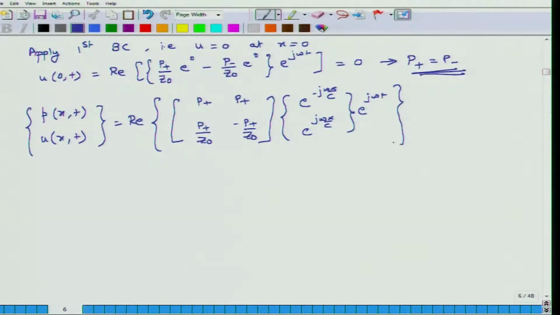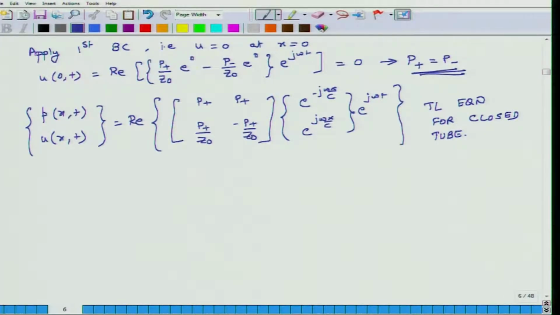Okay. So this is the transmission line equation for a closed tube. This is not a general equation, it is valid only for a closed tube.